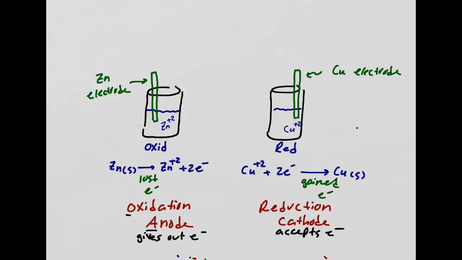So to facilitate the transfer of electrons, we need to connect these two using a wire. We need to connect the cathode and anode electrodes using a wire to create a circuit, basically.